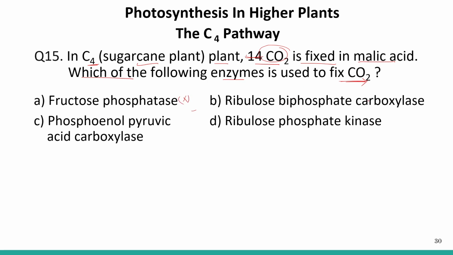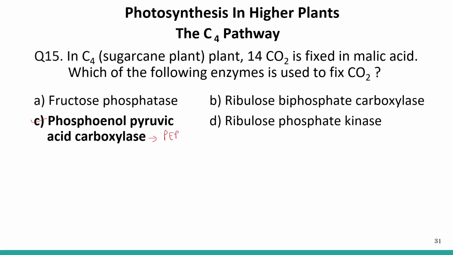Ribulose biphosphate carboxylase. Okay, then we have phosphoenol pyruvic acid carboxylase. This is correct. D option, ribulose phosphate kinase, not correct. So what should be the answer? Phosphoenol pyruvic acid carboxylase, also known as PEP carboxylase, which is involved in the primary carboxylation.